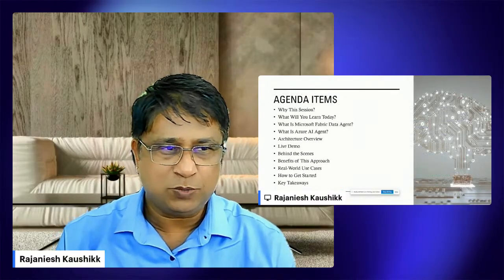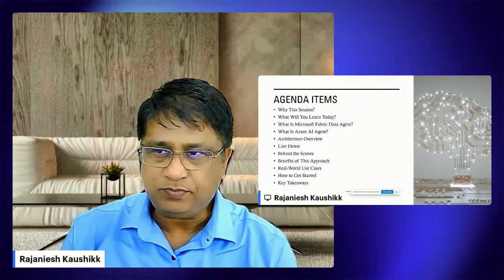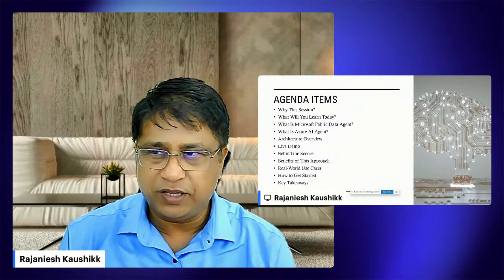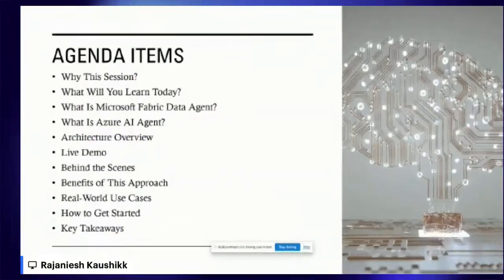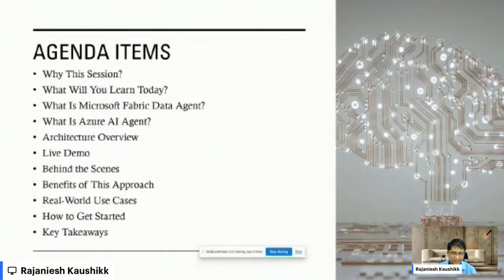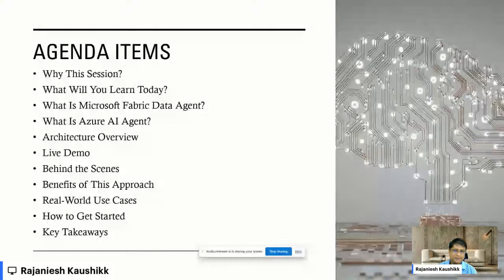This is what we're going to learn today. We'll start with why this session. Is it again a new agentic AI session, or is something new coming in this? What will we learn today? What is the Microsoft Data Agent, the Fabric Agent? What is an AI agent? And what is the overall architecture of agentic AI in Fabric?